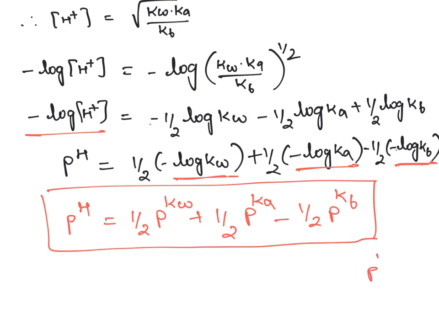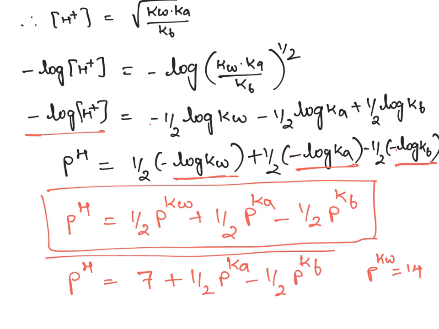If you substitute pKw at 25 degrees as 14, then the expression becomes pH equal to 14 into 1 by 2, that is 7, plus 1 by 2 pKa minus 1 by 2 pKb.